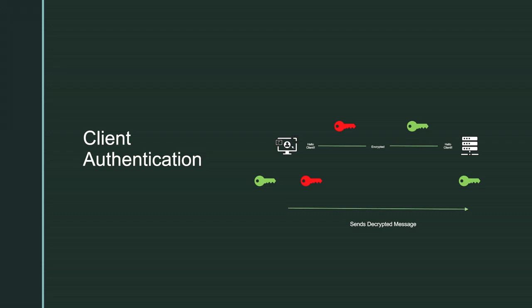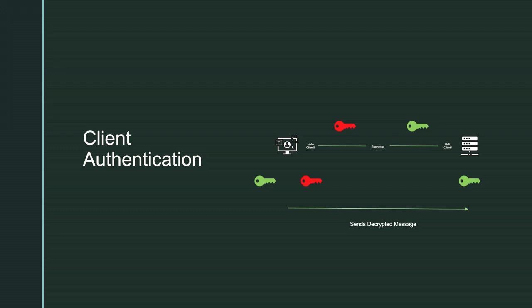On the client side, the client is going to use his own private key, which is basically a pair of the public key that is shared with the server, and it will try to decrypt the message.